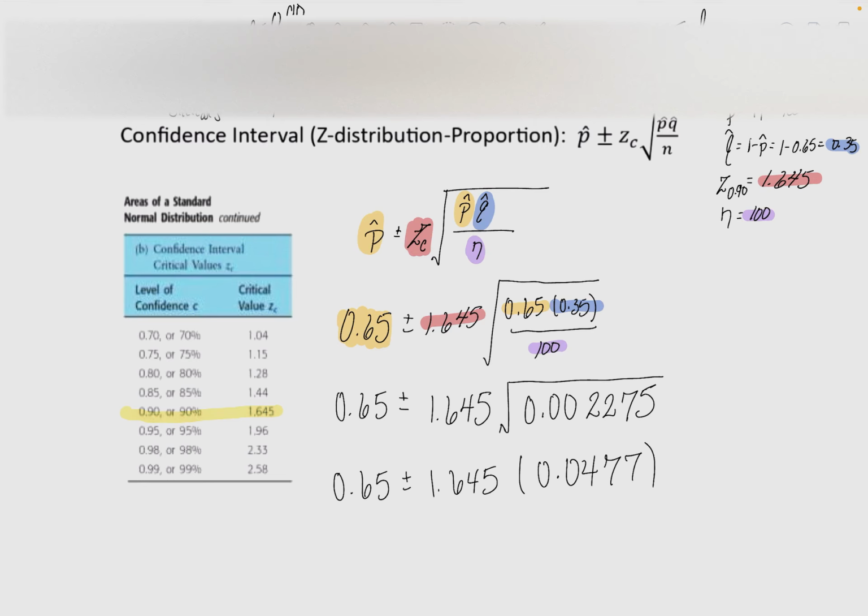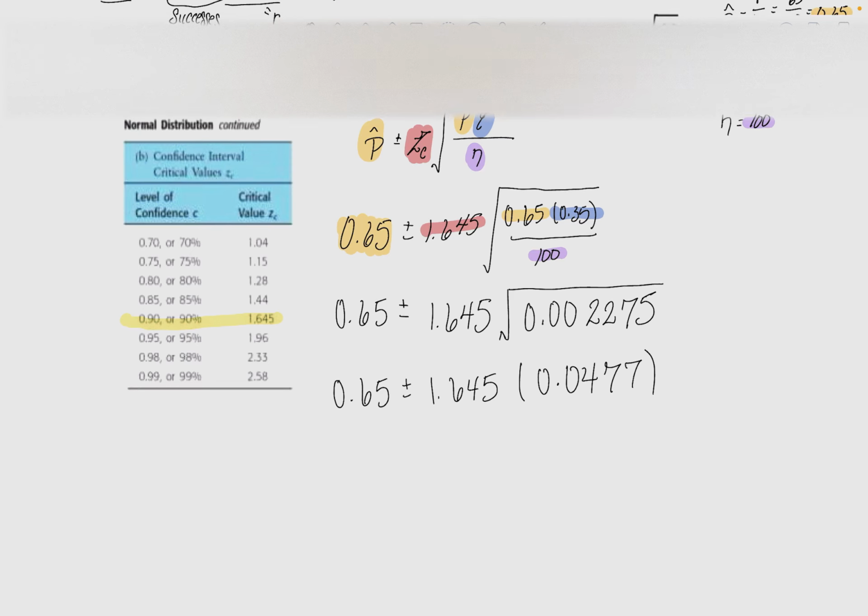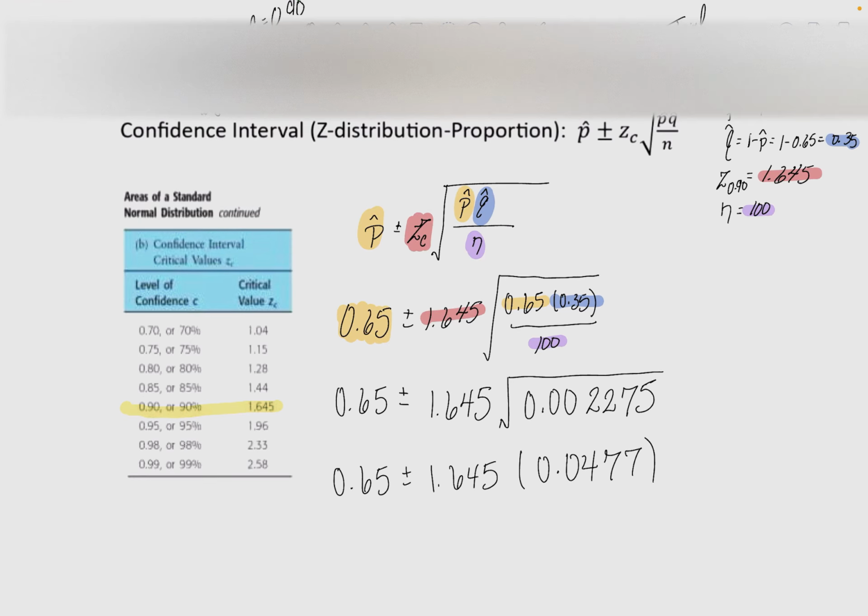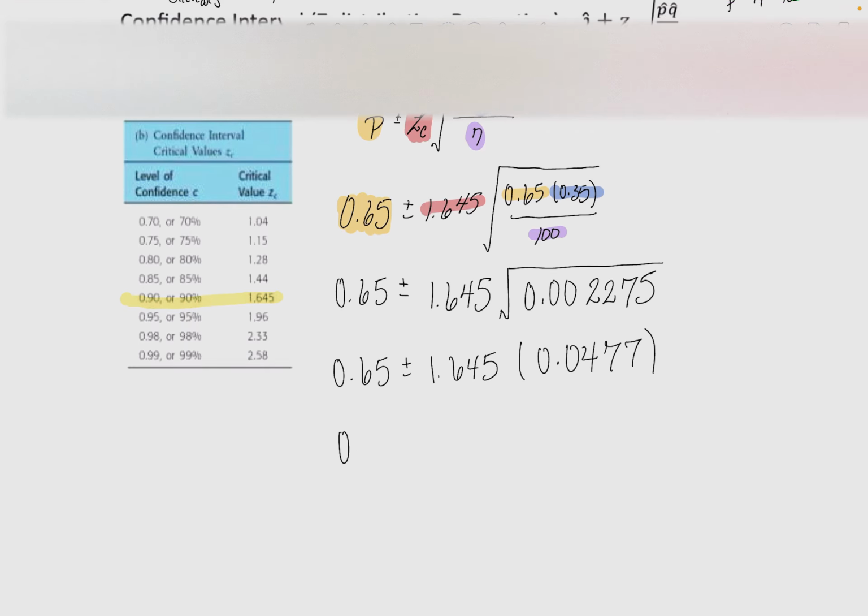Okay. Multiplying 1.645 and that long decimal to each other, we get 0.0785.